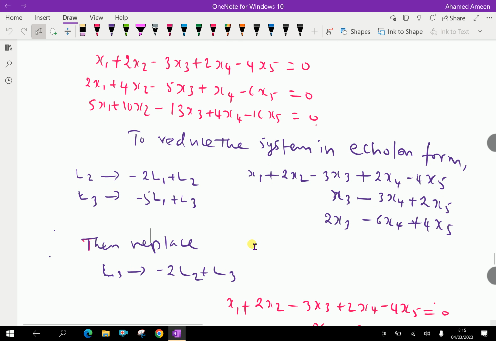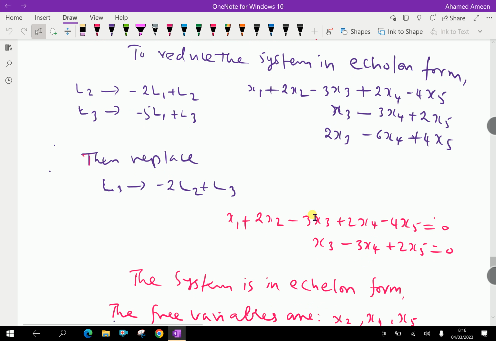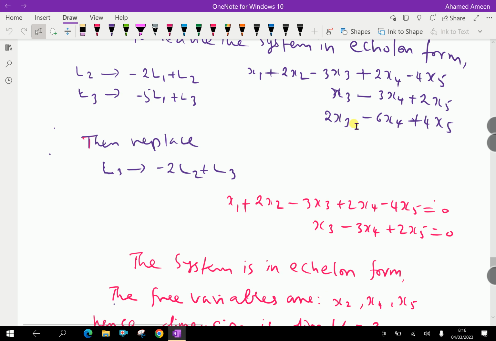Then the third equation is replaced: multiplying the second equation by minus 2 and adding, minus 2L2 plus L3 gives 0 here. Therefore, look at the third equation and the second equation: one is a multiple of 2 of the other.